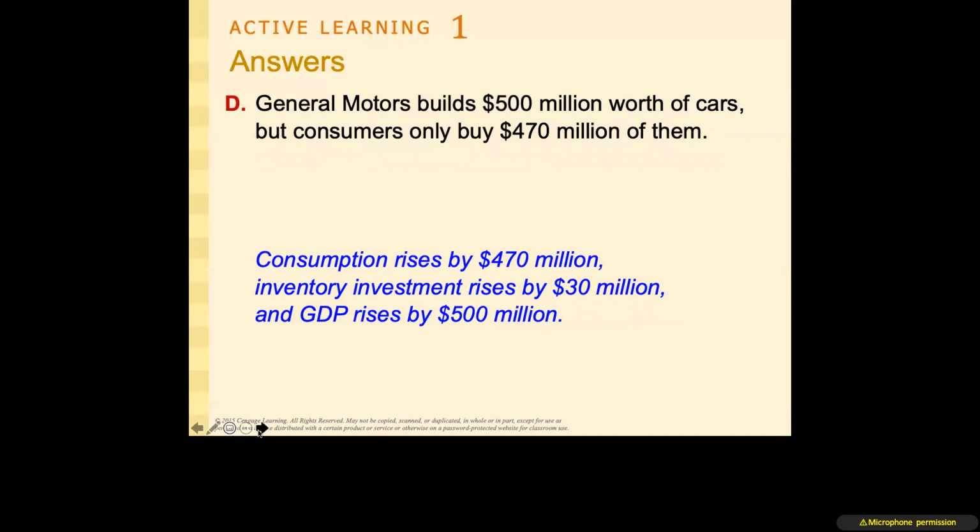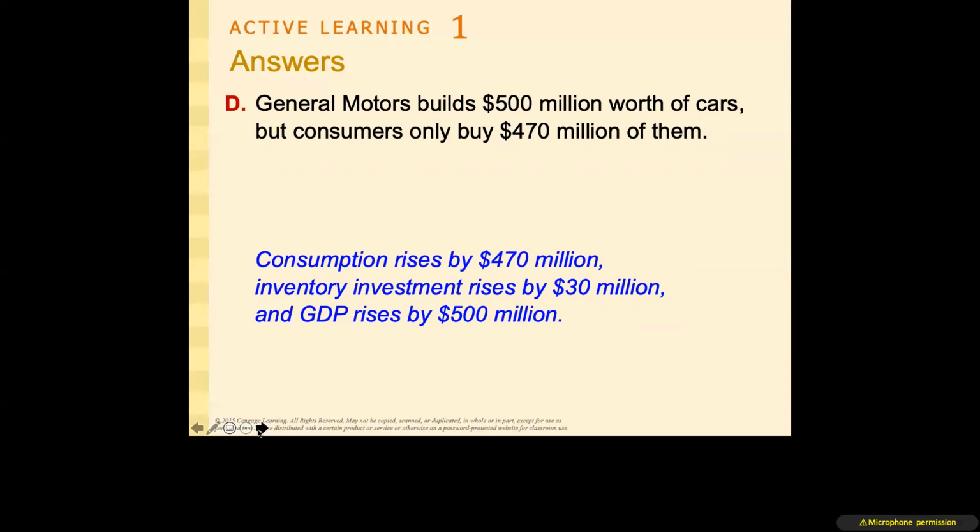General Motors builds 500 million worth of cars, but consumers only buy 470 million of them. Okay, so the first key in this question was, of course, the consumers. So consumers were only buying 470. So we know the consumption is going to rise by that 470 million. Now the inventory that's left over is the difference between how much people bought and how much they built.